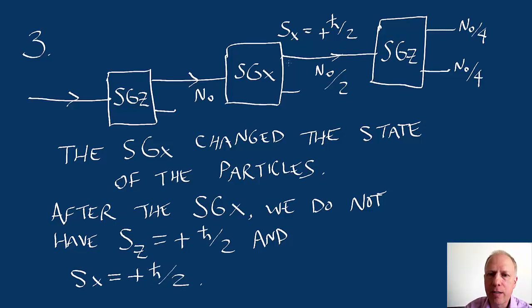The measurement of the x component of the spin by the SGX device has somehow erased the z component of spin result that we obtained in the SGZ device.